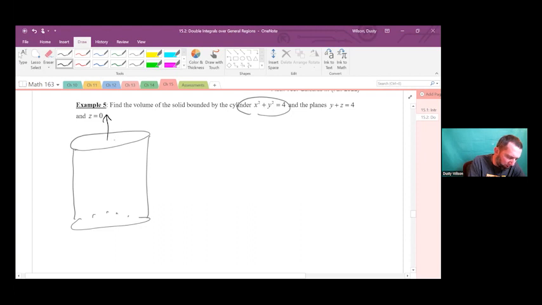What's that plane going to look like? Think of it as z equals 4 minus y. Here's y, and here's y equals 4. Looks something like that.